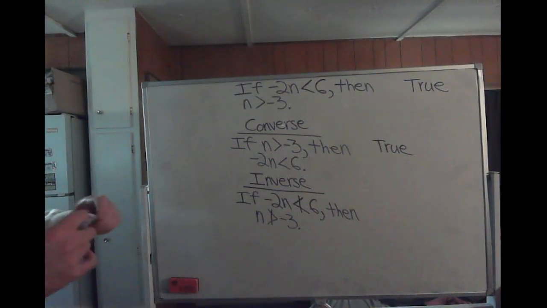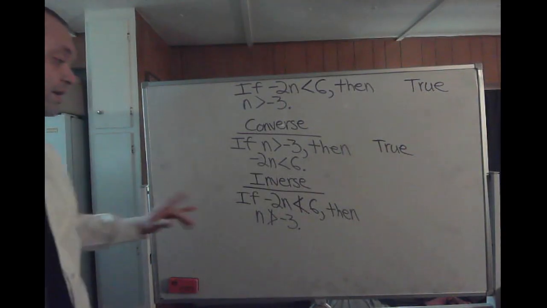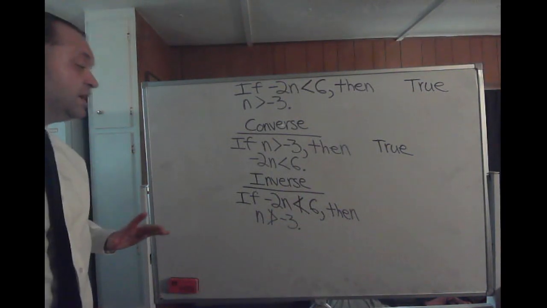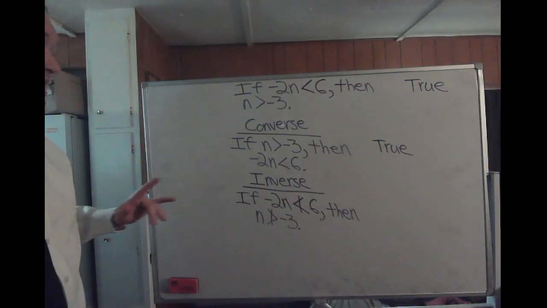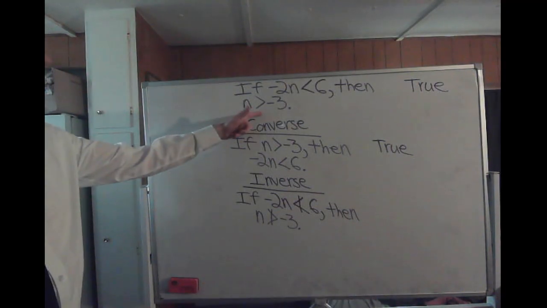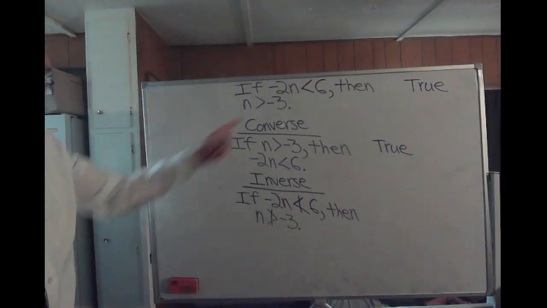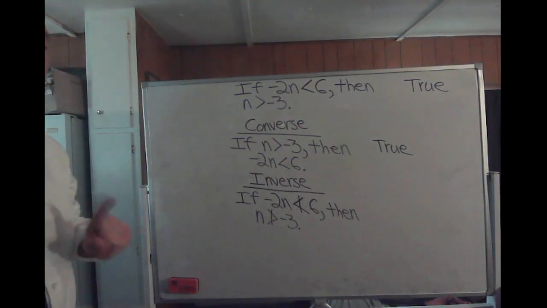Now, especially with inequalities, here's what really gets people. A lot of people, when they take an inverse, if you negate a greater than or less than, it's automatically assumed that you flip the sign around. That's not always true.